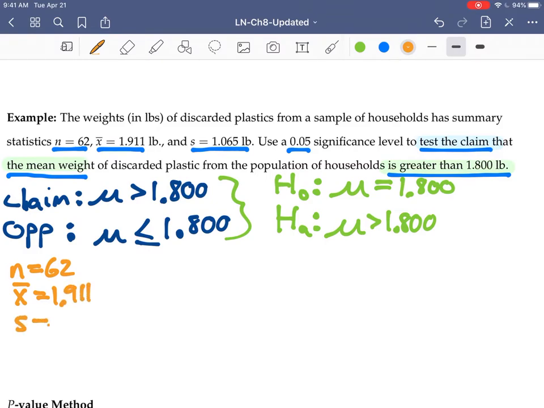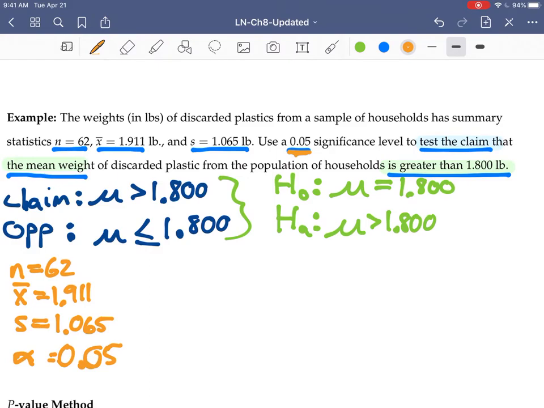S is the sample standard deviation, 1.065, and 0.05, that is our significance level. We use an alpha to represent that. So 0.05 is our significance level.